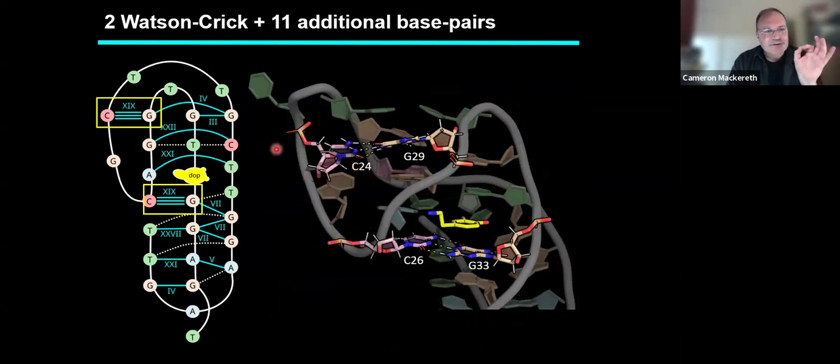As I said before, there are only 2 Watson-Crick base pairs. One of them is at the top here, which may help stabilize some of this top loop. But probably the most important Watson-Crick pair is shown here, which is also located here in the schematic. This Watson-Crick base pair does 2 things.